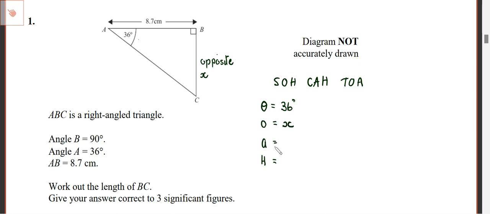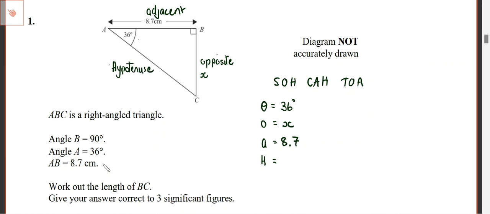What's the adjacent side? This is the adjacent, right? Because it's next to the angle, right? So that's my adjacent side. So I'm going to write adjacent equals 8.7. 8.7. And then finally, this is the hypotenuse because it's the largest side.